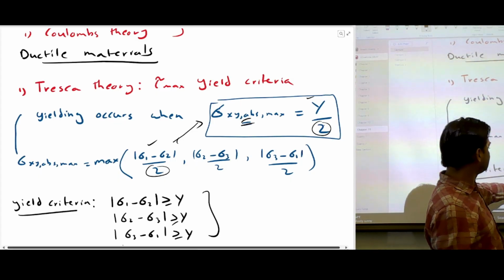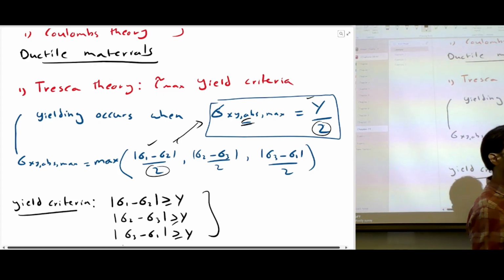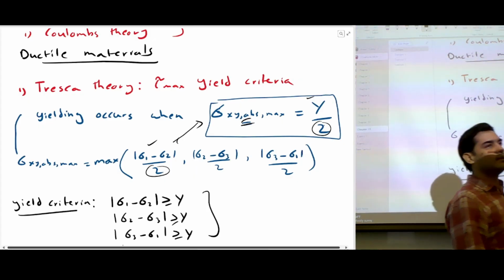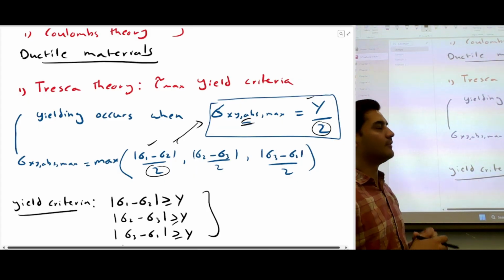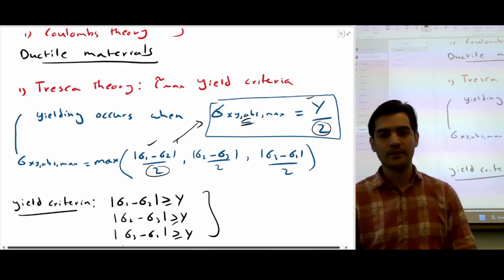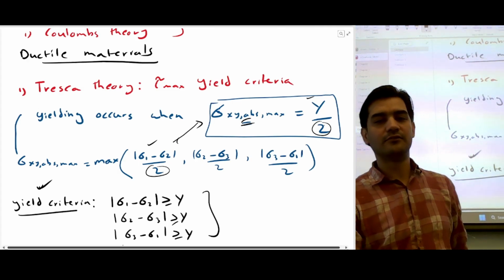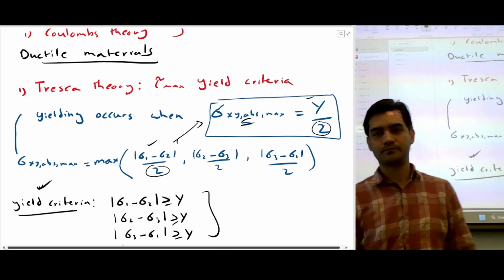So once we have this, you can basically check these values with the yield criteria, and if these values are higher than the yield criteria, then we will conclude that we will observe yielding, and it's like a failure of a system, which we don't want. So if this happens, you will observe failure. So all you have to remember is these three equations.